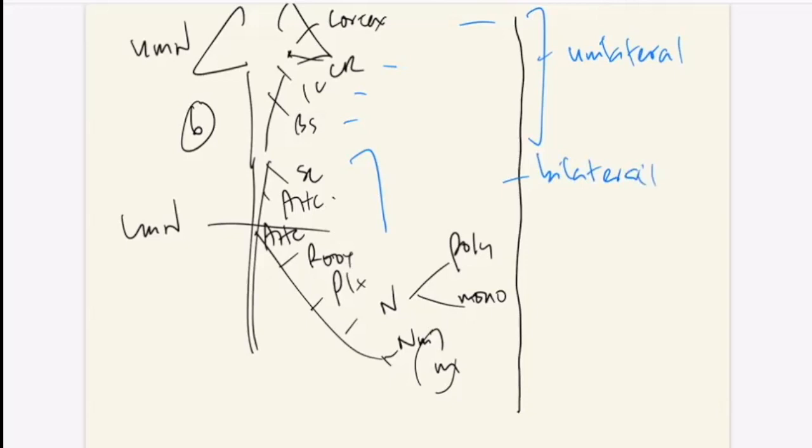Whereas for roots and plexus, they are unilateral. Whereas for nerve, if it's polyneuropathy, neuromuscular junction, and muscle, then they are bilateral.